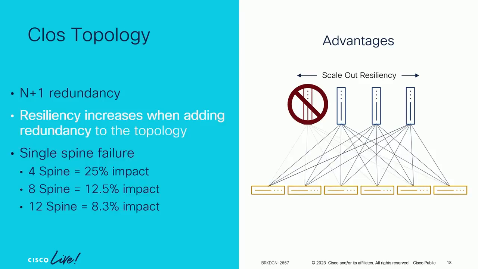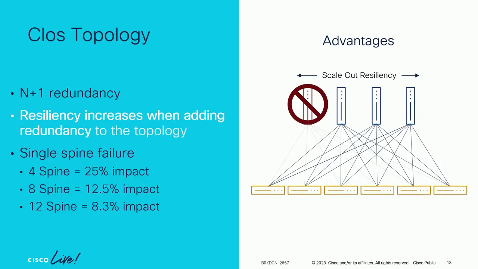The other thing that's very appealing about this technology is the resiliency aspects of it. Because we use all of the available paths for forwarding, and we don't run spanning tree, it's an IP routed fabric, we have very quick reconvergence. Should something go down, it's a simple math exercise.